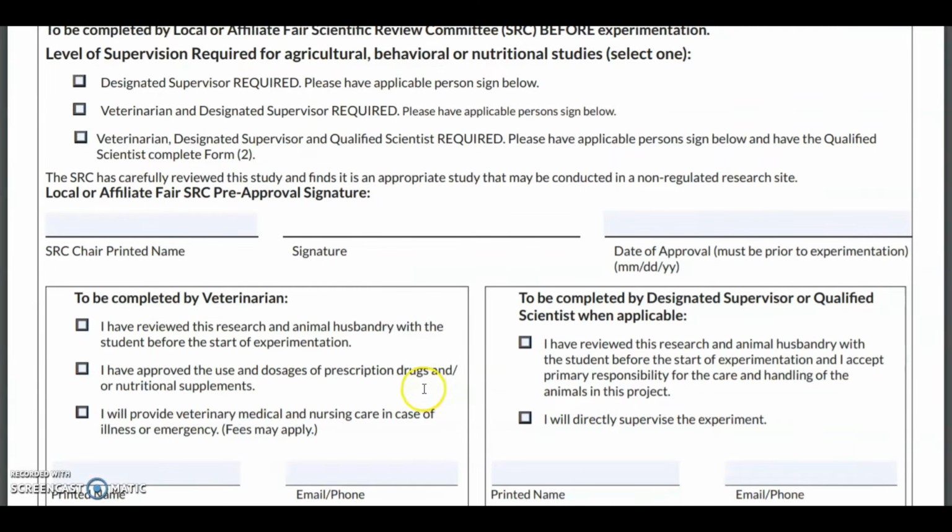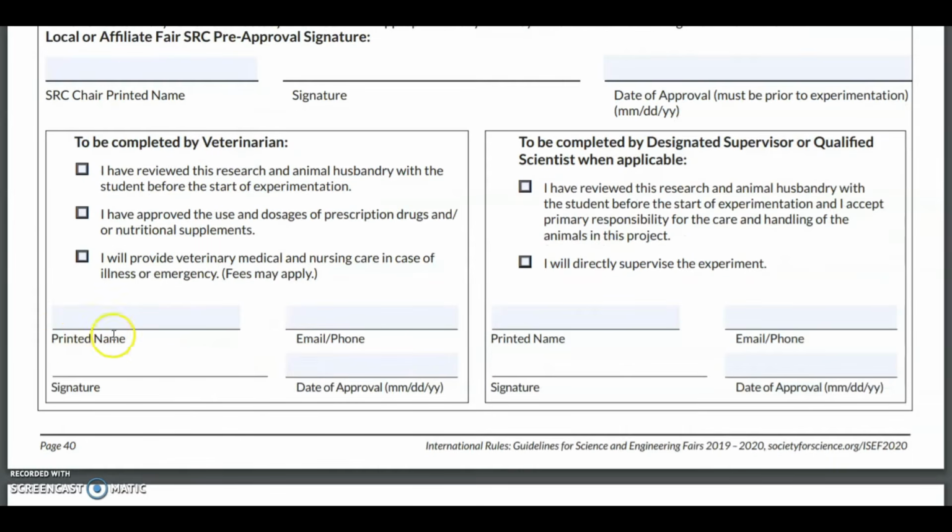Okay, and below, it should also be completed by the veterinarian or the designated supervisor. Of course, okay, the printed name of the veterinarian will be written here and also their signature and the approval date.